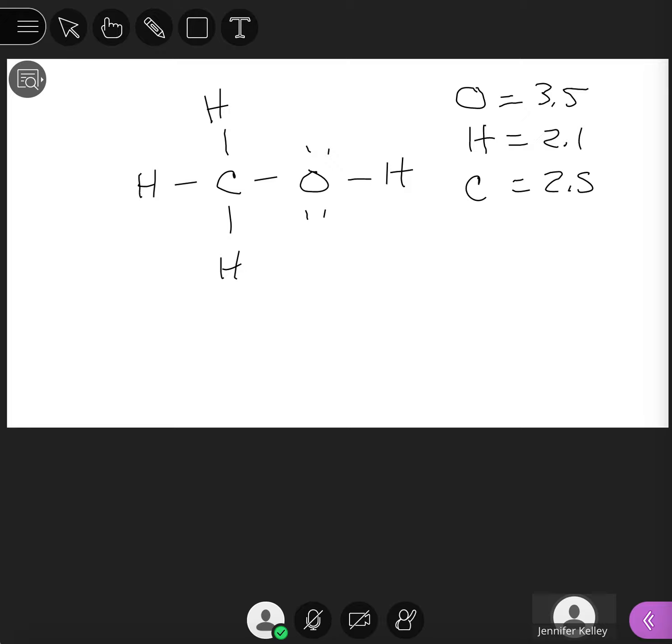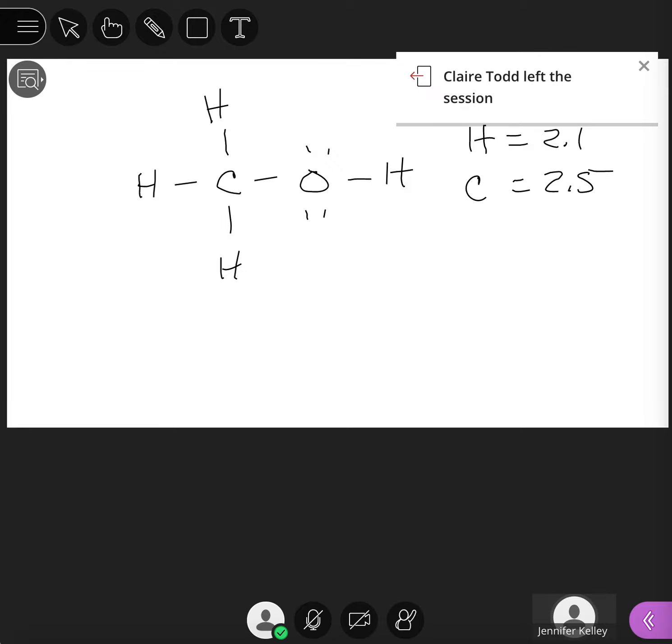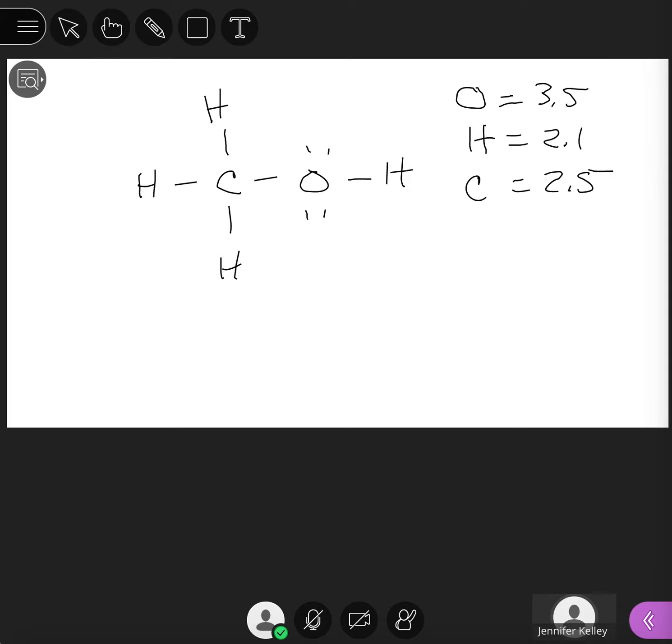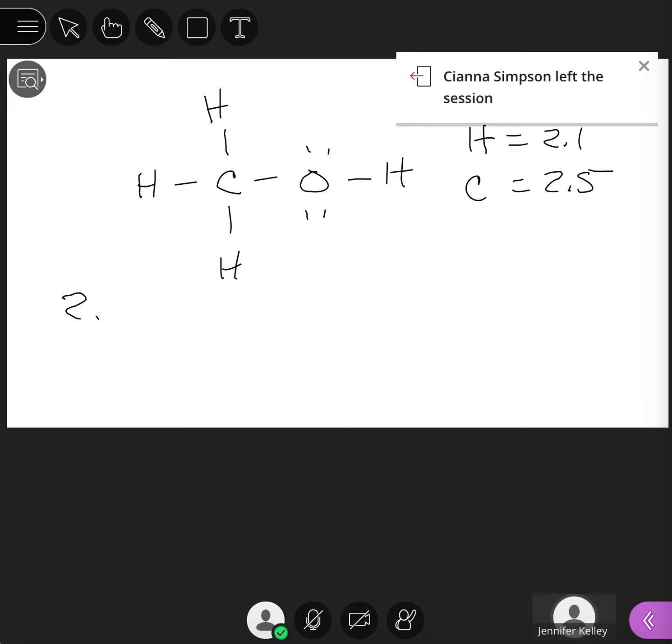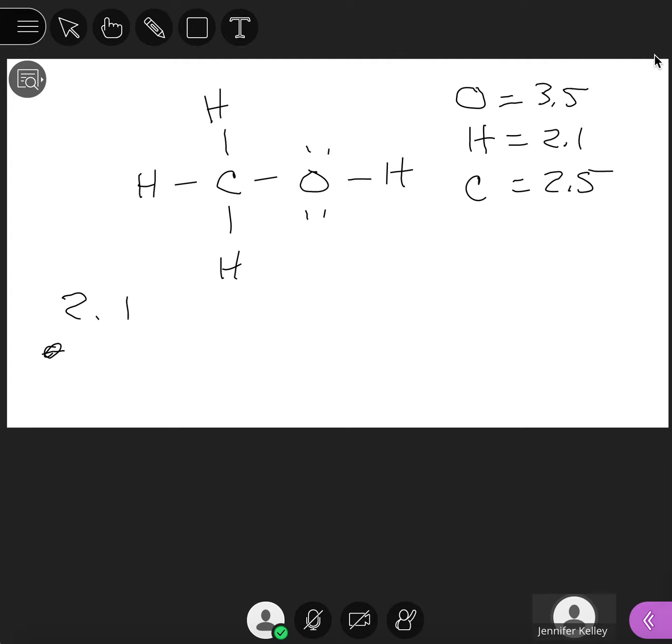Carbon is 2.5. And those are the only ones that we have. So the carbon-hydrogen bond would be 2.5 minus 2.1, which is 0.4. They consider carbon-hydrogen bonds nonpolar. I know they hit kind of right there on the 0.4, but they consider them nonpolar.